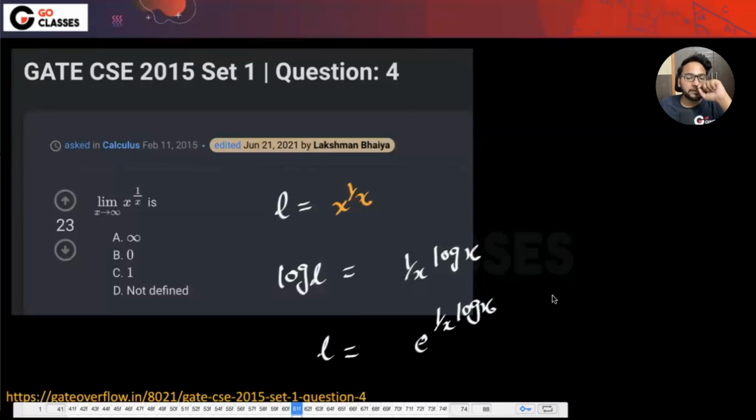Now, if you put x tends to infinity, then this is infinity upon infinity form, right? Okay. So what you can do, you can put limit x tends to infinity. Inside this quantity is nothing but e power 1 upon x log x, or you can say log x upon x, right?